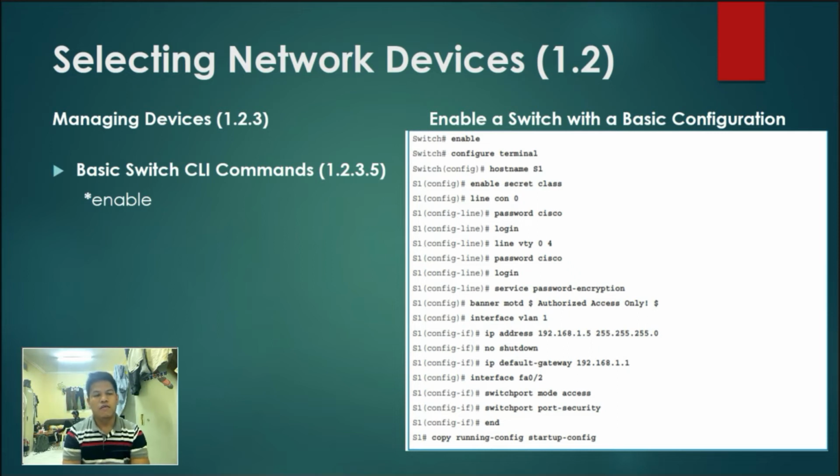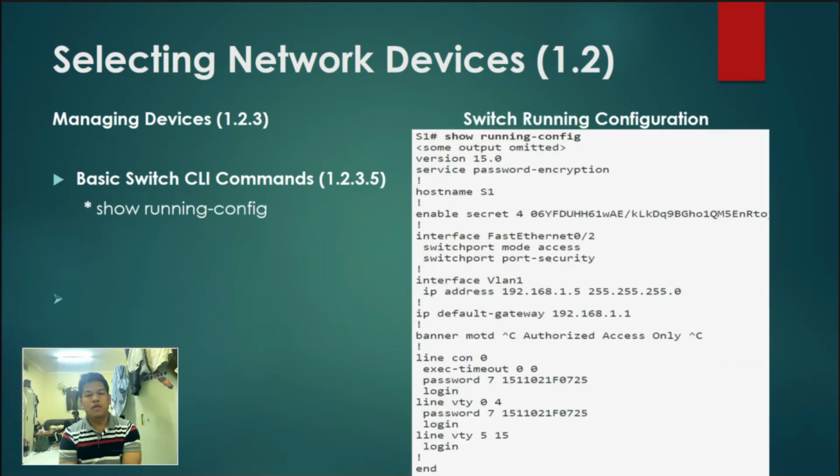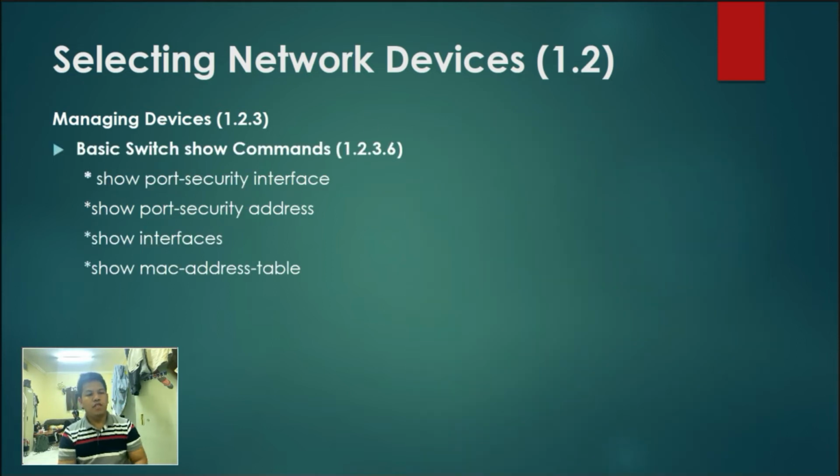And the show running-config shows the results of the configuration commands that were entered for this example. The basic switch show commands include show port-security interface, show port-security address, show interfaces, and show mac address-table.